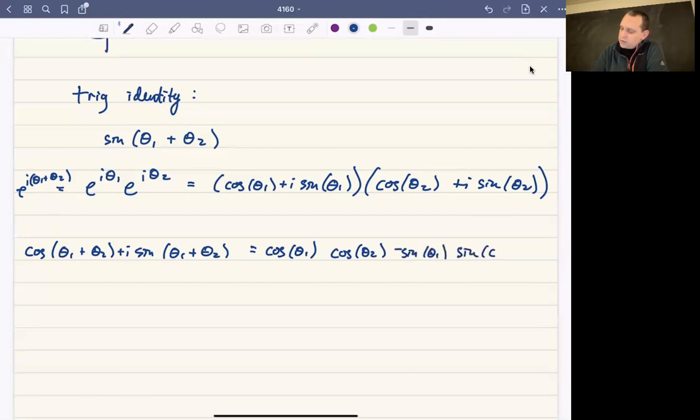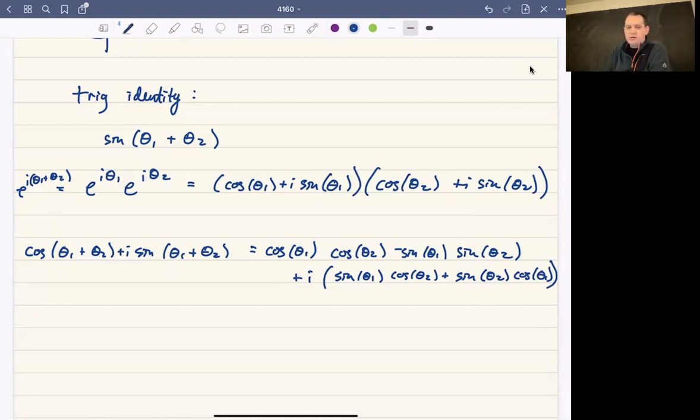I need to be a little more compact in my drawing here, but it's okay. Plus i times sine of theta 1 cosine of theta 2 plus sine of theta 2 cosine of theta 1. I know that seems like a bit of a pain to write out, but that's much better than having to remember trig identities.